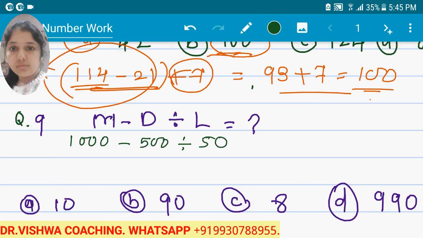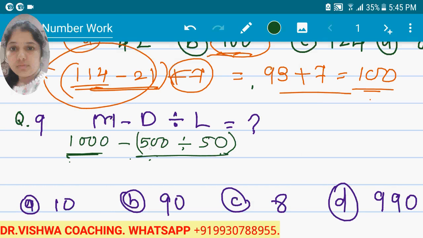Division or subtraction. So I told you in the last question also, you have to do first division or multiplication. So I will divide this 500 by 50 first. Whatever answer I get, that answer should be subtracted from the 1000.